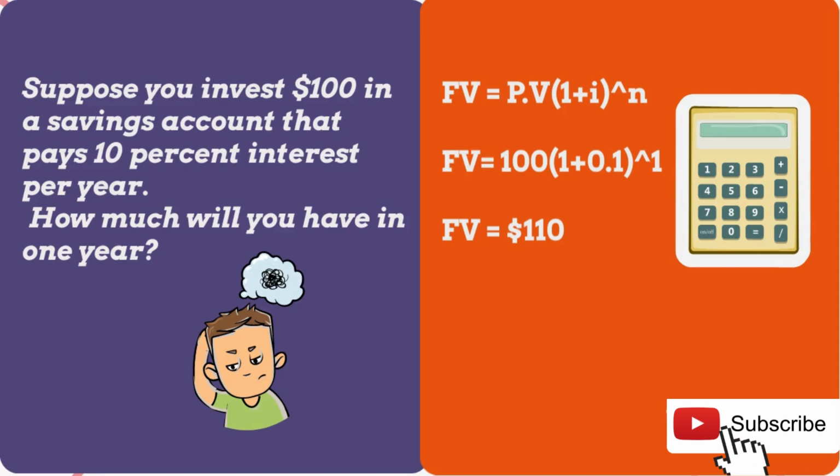We say that $110 is the future value of $100 invested for 1 year at 10%. We simply mean that $100 today is worth $110 in 1 year, given that 10% is the interest rate. In the given formula, PV is investment or principal, I is interest rate, N is the investment period, and FV is future value.